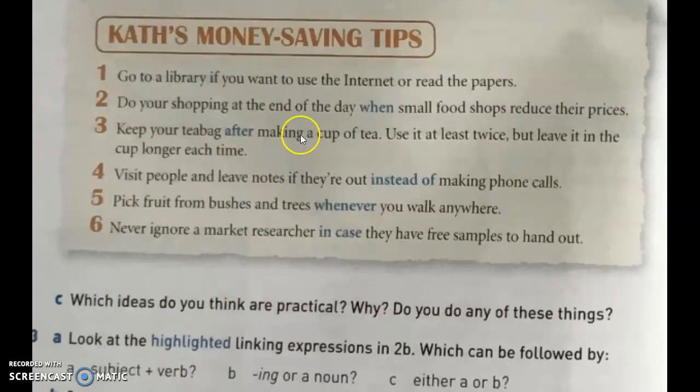So now we're going to look at the language in the tips. And the focus is on the linking expressions. Get the students to look back at the 6 tips and try and identify the use, first of all, of these words in blue. You could use some checking questions, couldn't you?